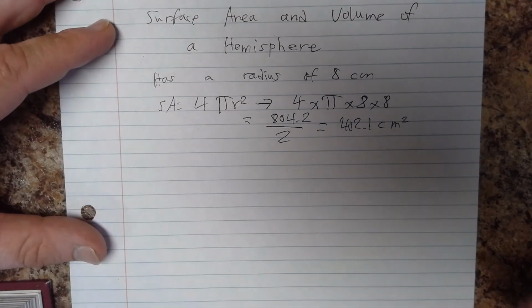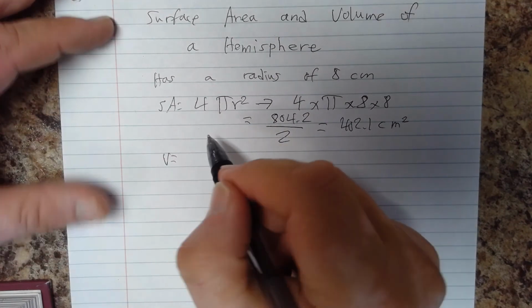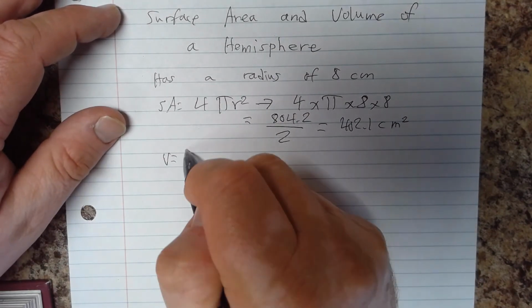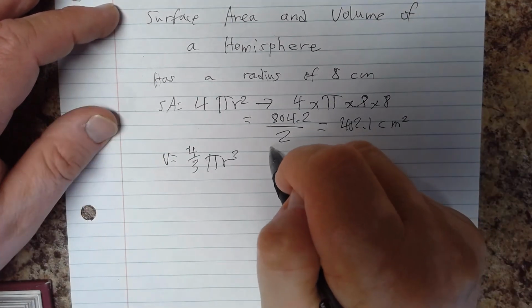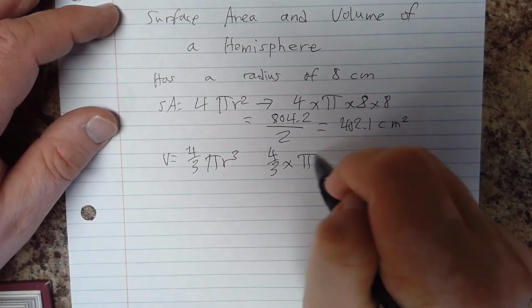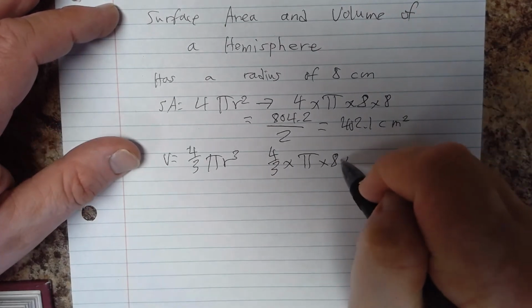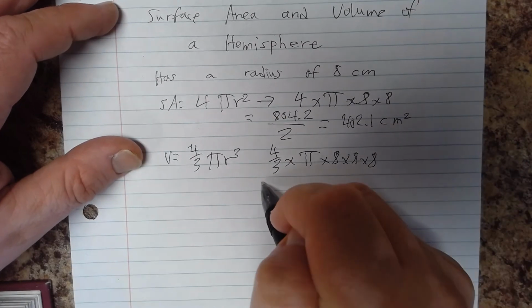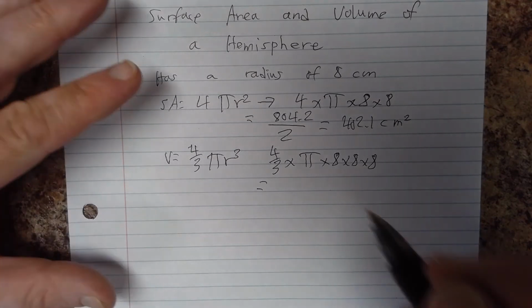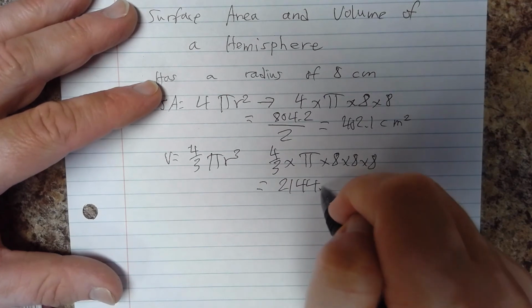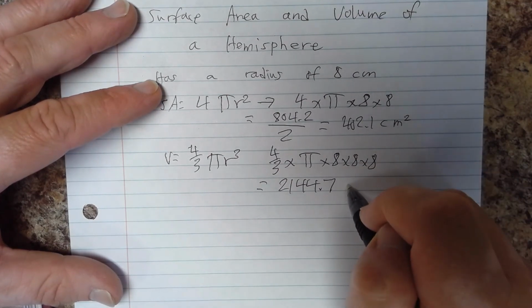So with the radius of 8, we have volume equals 4 over 3 pi radius cubed. 4 over 3 times pi times 8 times 8 times 8. 2144.7 centimeters.